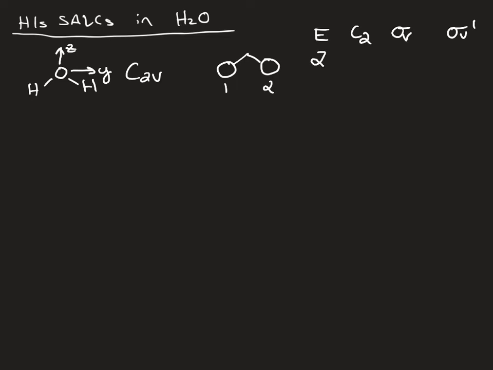Upon doing that C2 rotation, 1 converts to 2, 2 converts to 1, so that's a 0. None stay in the same place. The same for the sigma v. None of those stay in the same place when you reflect through the xz plane, while both hydrogen atom 1s orbitals will stay in the same place when you do the sigma v prime, the yz mirror plane.